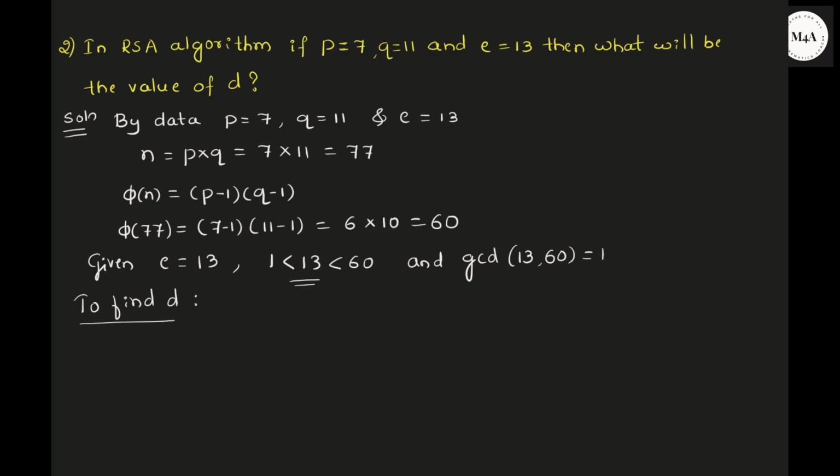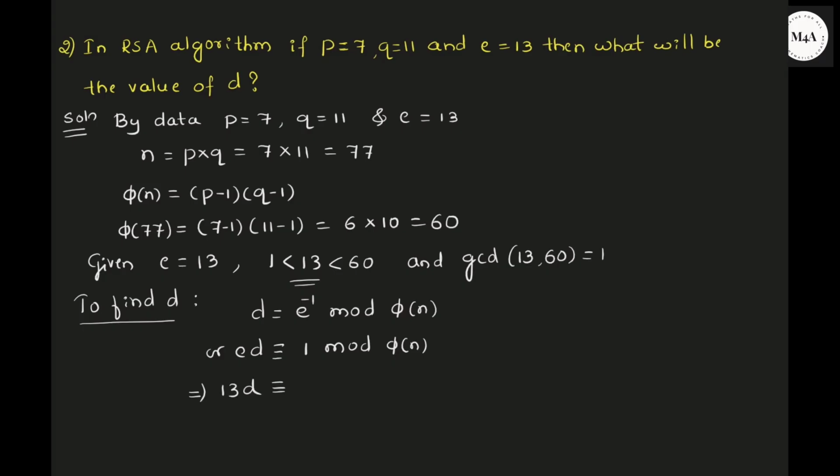To find D, what is the formula? D is equal to E inverse mod phi of N. Or else you can write it as E into D is congruent to 1 mod phi of N. Now E is 13.